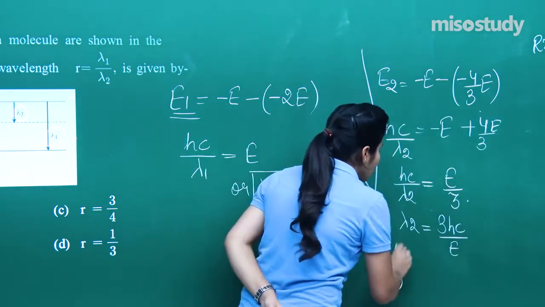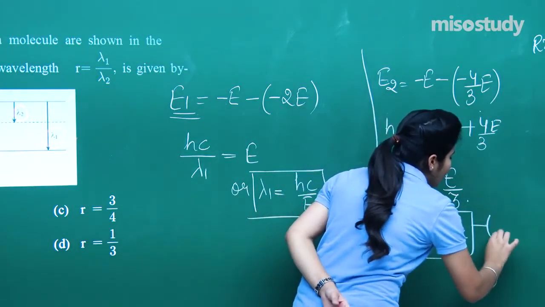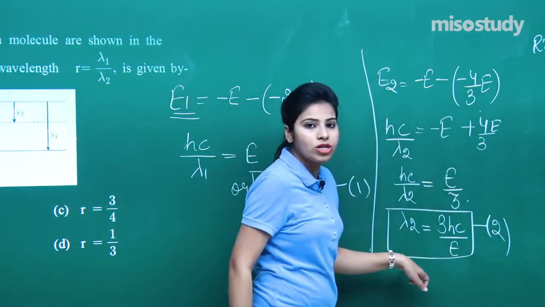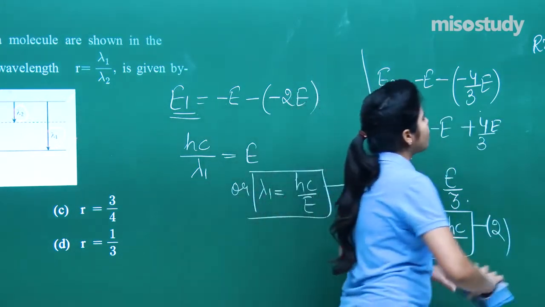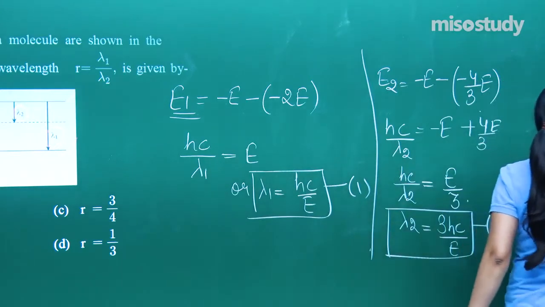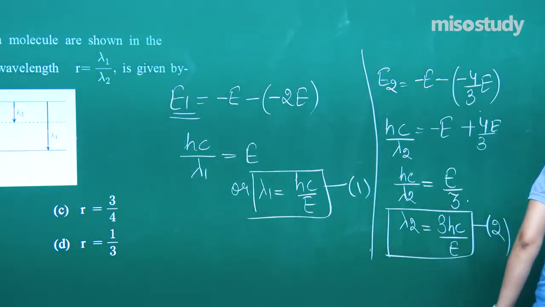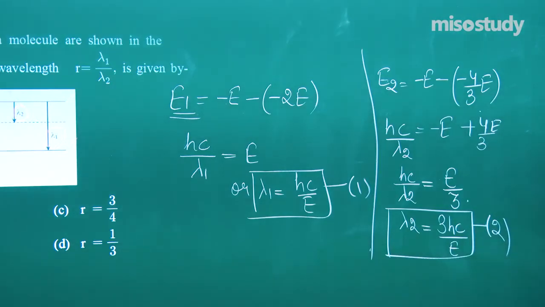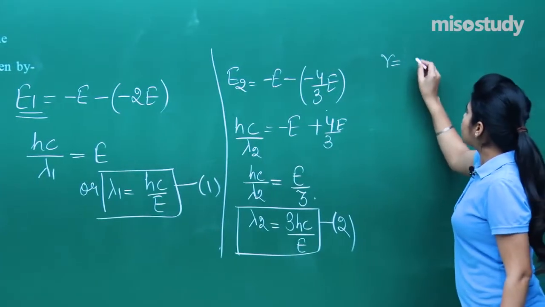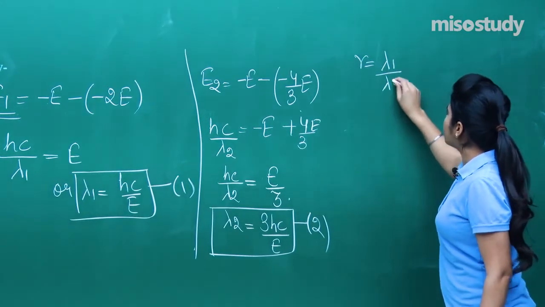Because you have to find the ratio of lambda 1 and lambda 2, suppose this is equation number 2. We just find the ratio, R equals lambda 1 by lambda 2.